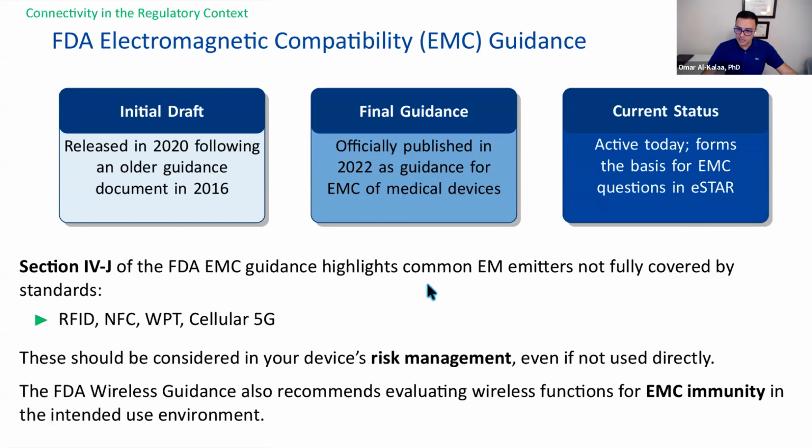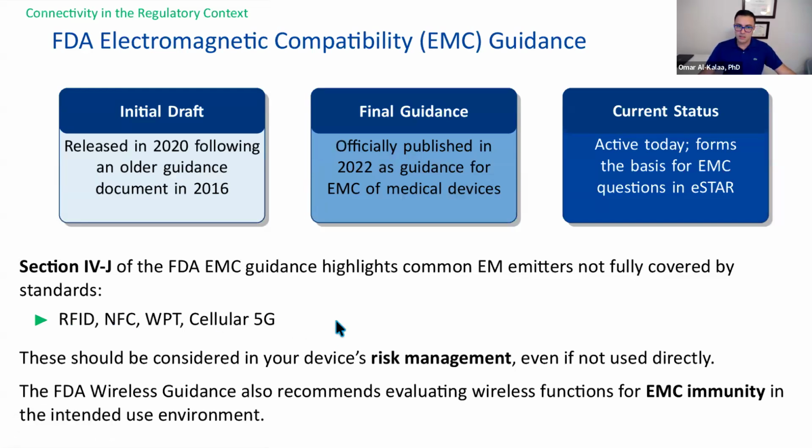The guidance highlights that a medical device being evaluated for immunity to common electromagnetic emitters should also look into technologies like RFID, NFC, WPT, and cellular 5G, even if your device is not using any of those technologies.